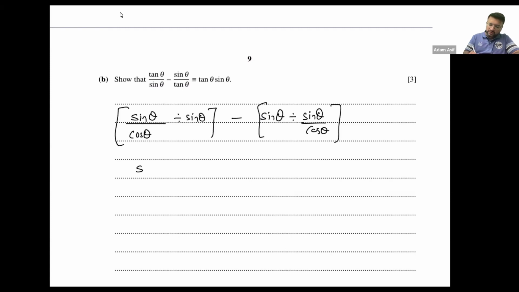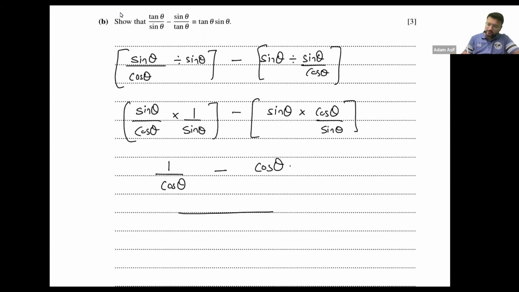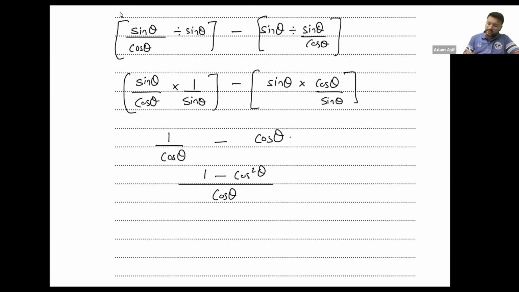Now, sine theta divided by cos theta multiplied by 1 upon sine theta, minus sine theta multiplied by cos theta divided by sine theta. This will become reciprocal, okay. Now this is going to be 1 upon cos theta minus cos theta, okay. Now if I resolve this, yes, 1 minus cos square theta, which is sine square theta.